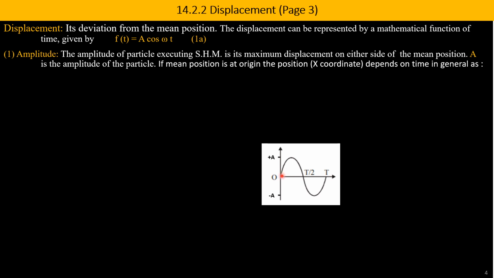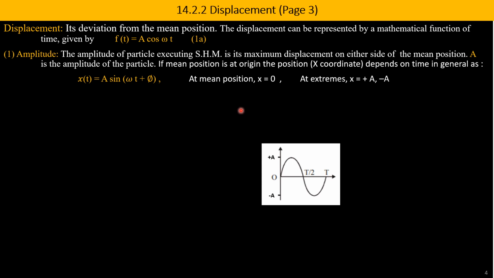If the mean position is at origin, the position, that is the x coordinate, depends on time in general, and we can write it as a sine function also, that is x of t is equal to capital A into sine of omega t plus phi. Here at the mean position x is equal to 0.